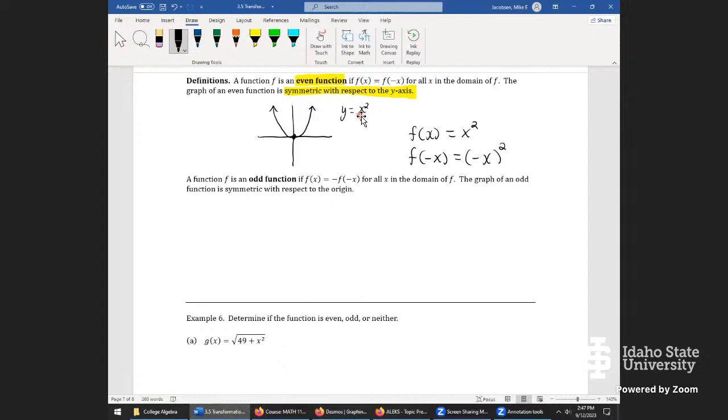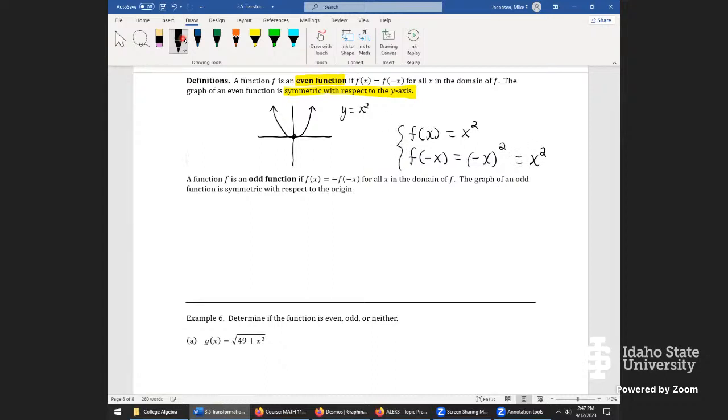Now, the way the parentheses were formed was absolutely vital because if we wrote just that, well, that's negative x squared, and it does not simplify. But if it's written this way, as it should be, let me try again. Then this would simplify. Negative x times negative x is positive x squared.